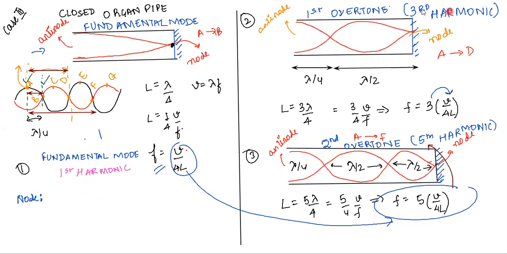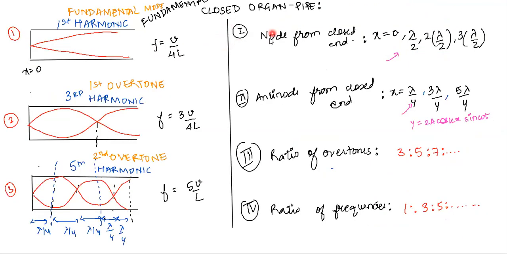The first overtone is called the third harmonic because here the frequency is 3 times the first one, and here it is 5 times the first one, so it's called the fifth harmonic. Then we understood in brief how to write down locations of nodes, antinodes, ratio of overtones and ratio of frequencies. Are we clear?